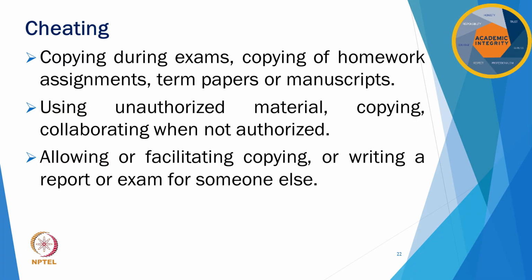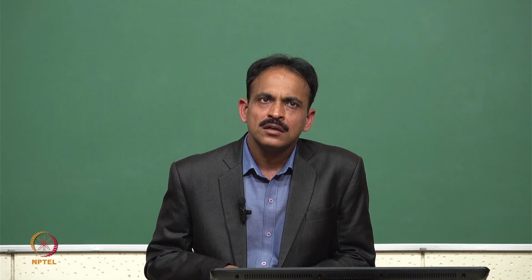Cheating is another form of unacceptable academic behavior and may be classified into different categories. For example, copying during an exam, copying of homework assignments, term papers or manuscripts, allowing or facilitating copying, or writing a report or exam for someone else.